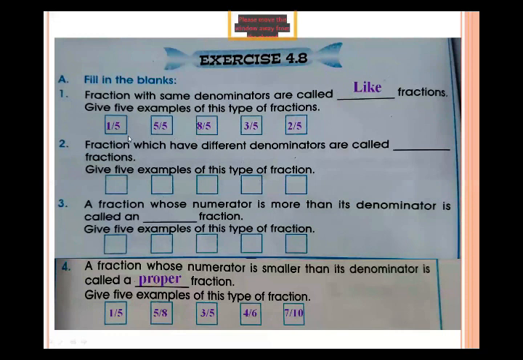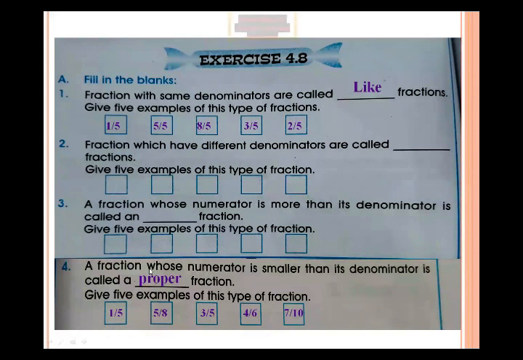Now look here. Here, in the empty boxes, the 5 examples are present. They all show the same denominator. This type of fraction is called like fractions. Now see here, one more blank. Question number 4.